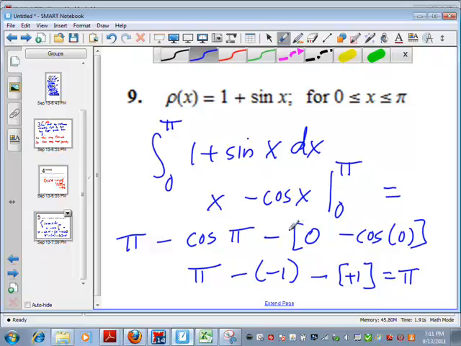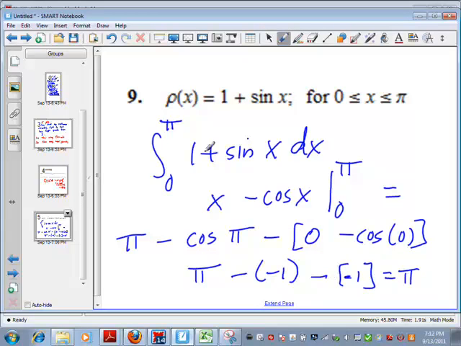Negative cosine pi is positive 1, and the other one is positive, so it's pi plus 2. Okay.